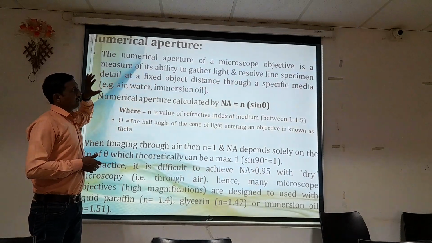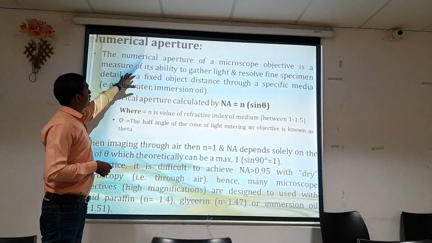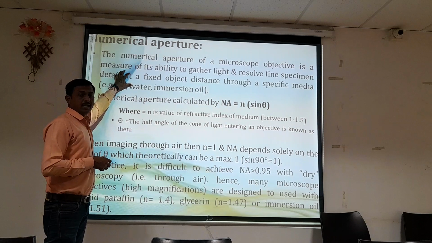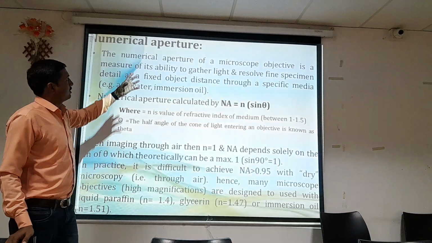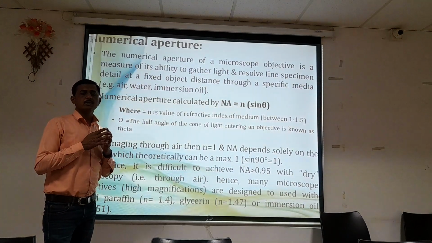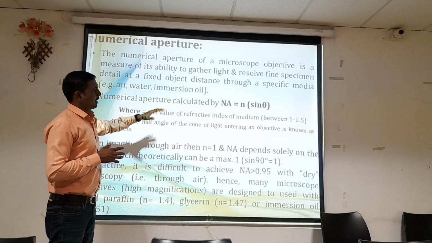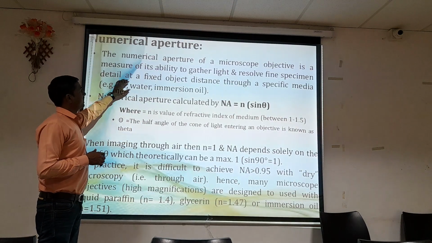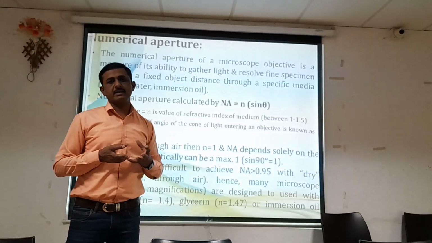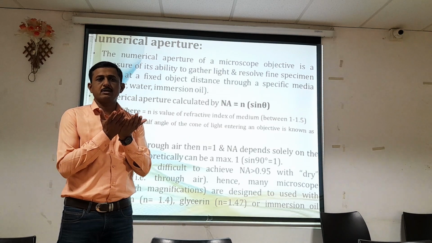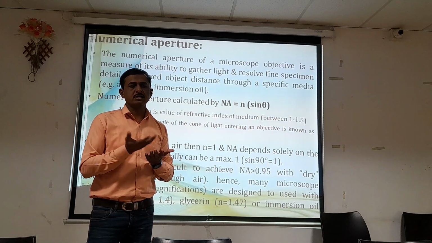So it is nothing but the capacity, or the ability, of a microscope objective to collect or gather the light which passes through the diaphragm and the objective. It can resolve fine specimen detail at a fixed object distance, and after proper adjustment of the fine adjustment knob, we can resolve the proper structure of the object we have placed on the stage of the microscope.